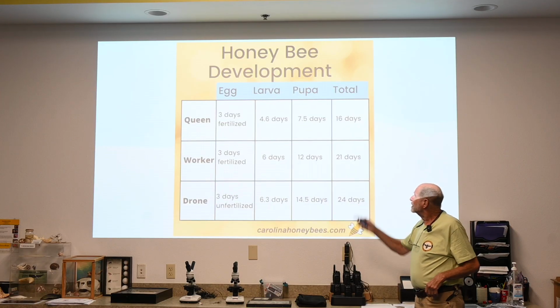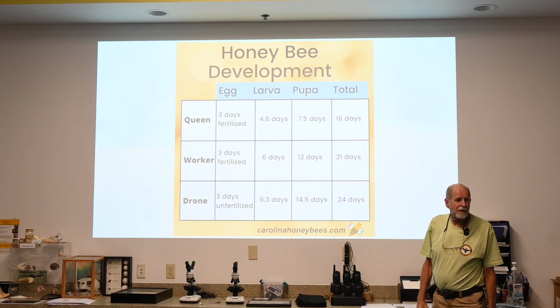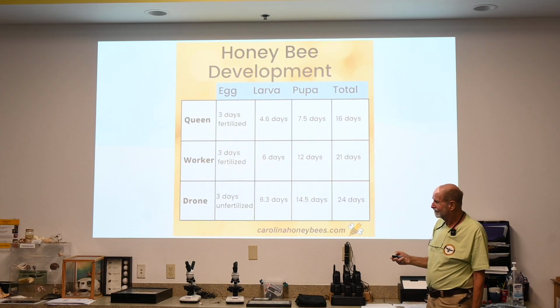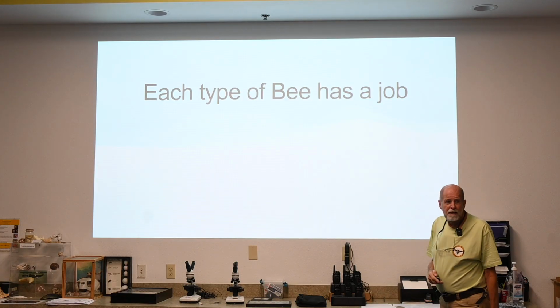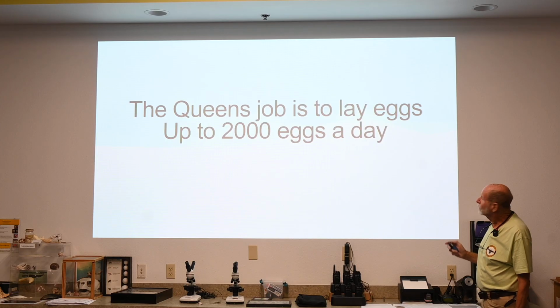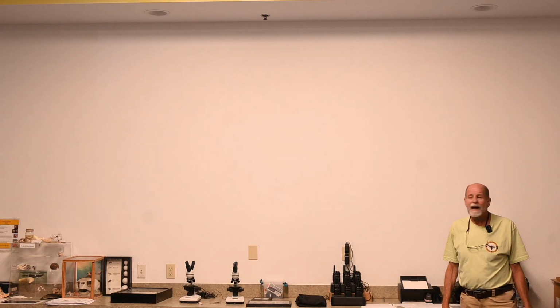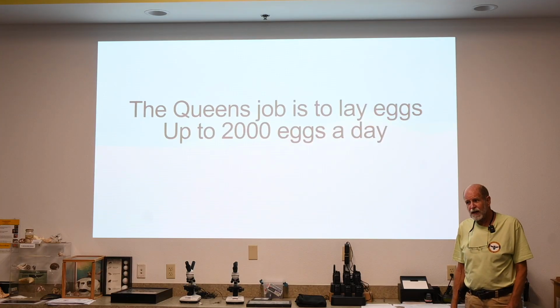The queen takes the least amount of time to mature, but she's the largest bee. Now, each bee has its own job. The queen's job is to lay eggs, up to 2,000 eggs a day, every day.